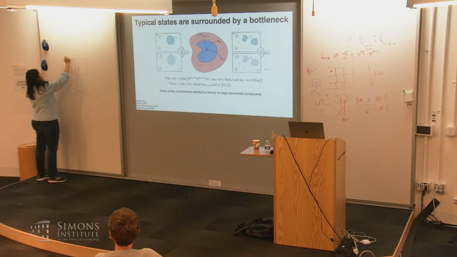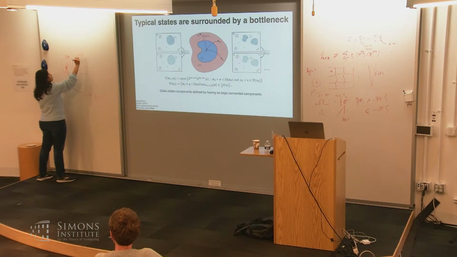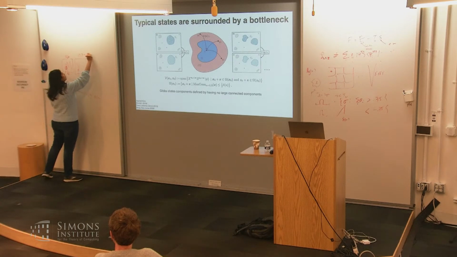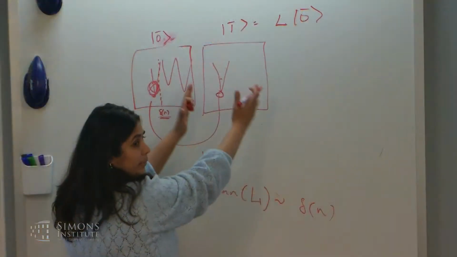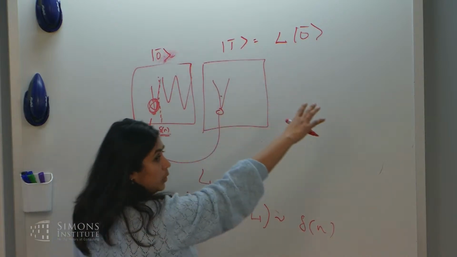No. So this is the landscape, say, around the logical 0 state. This is the landscape around the logical 1 state, which is a copy, but I had to act with the logical operator to go from 0 to 1.